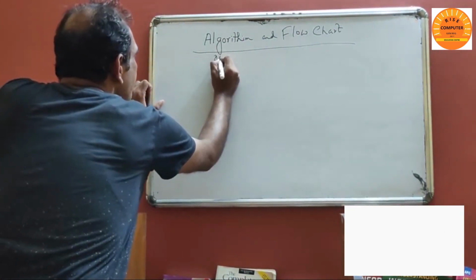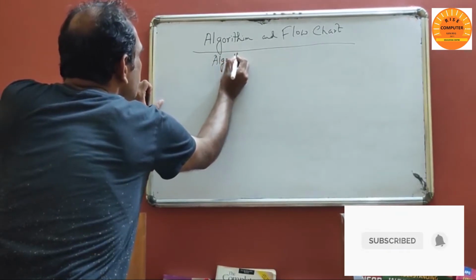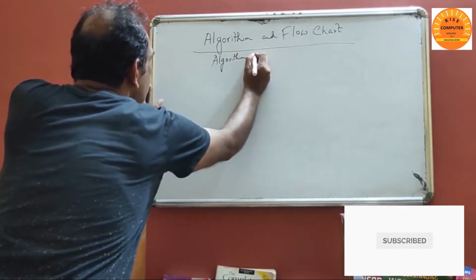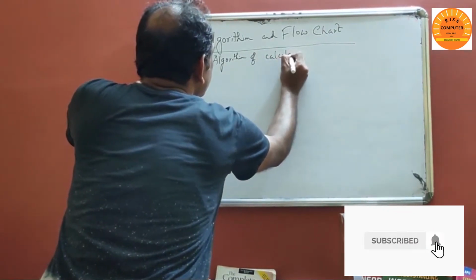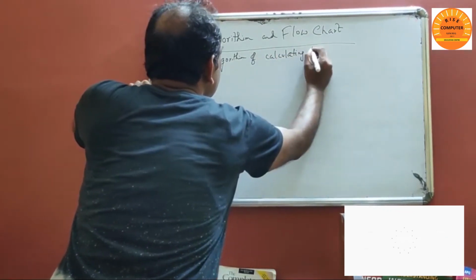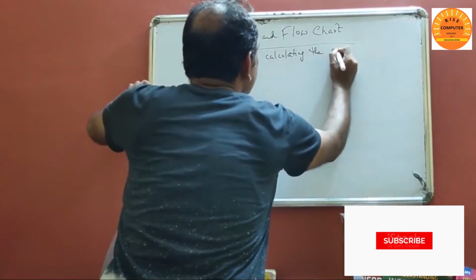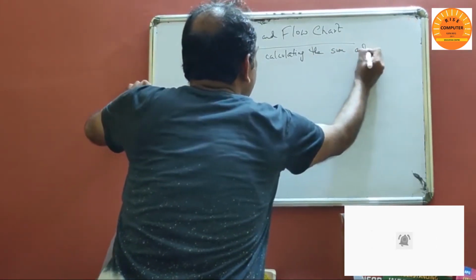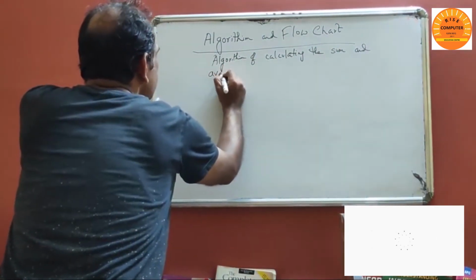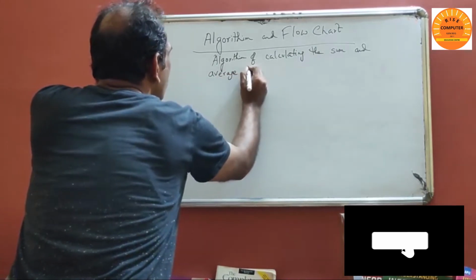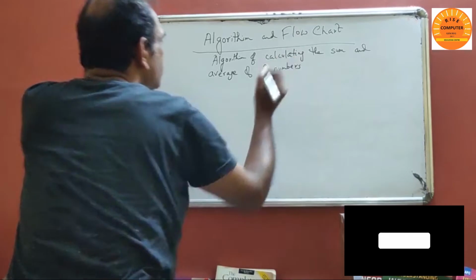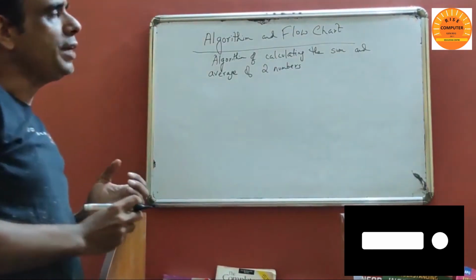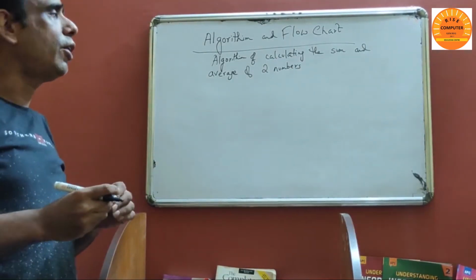The algorithm of calculating the sum and average of two numbers. So we calculate the sum and average of two numbers.